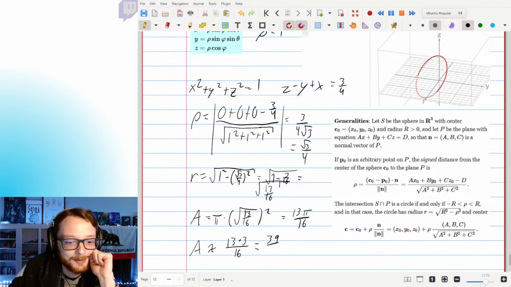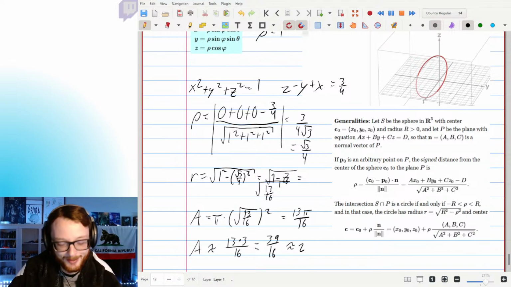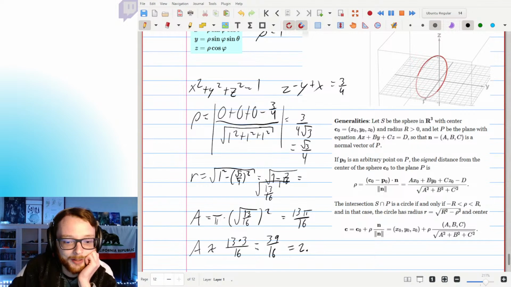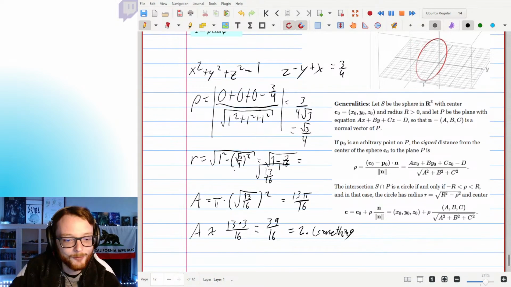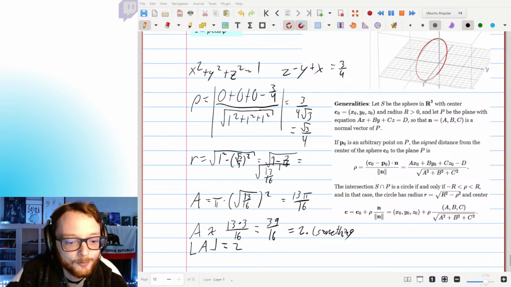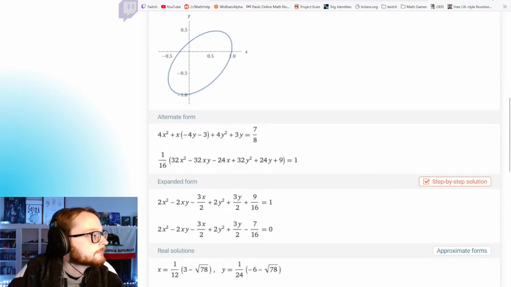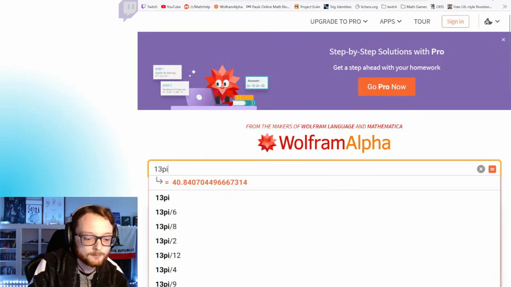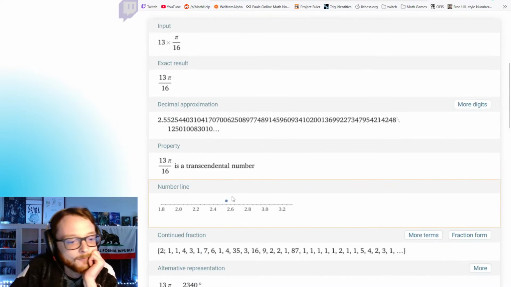We get 39 over 16, which we can say is equal to 2 point something. And I don't think we're close enough to 3 for the rest of pi to probably matter. So I think it's a pretty safe guess that the floor of the area is probably 2. Let's look though. 13 pi over 16. Yep, we're good. It's 2.